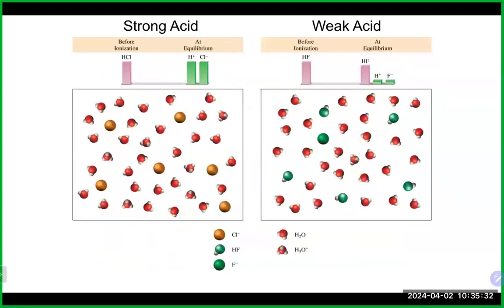As we talked about, strong acids will completely dissociate, and a weak acid will mainly stay together. As we can see here, a weak acid mainly stays together, while a strong acid completely breaks apart, with none of it still floating around in the solution.